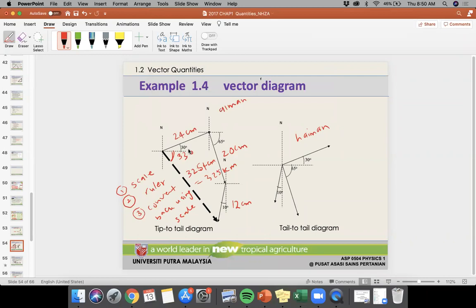But if they ask you to solve using the geometrical method, you have to draw accurately, using a protractor and so on. Remember, the component method is calculation, math. Geometrical is drawing. It depends on the question. Solve using the component method, easy. Solve using the geometrical method, draw.